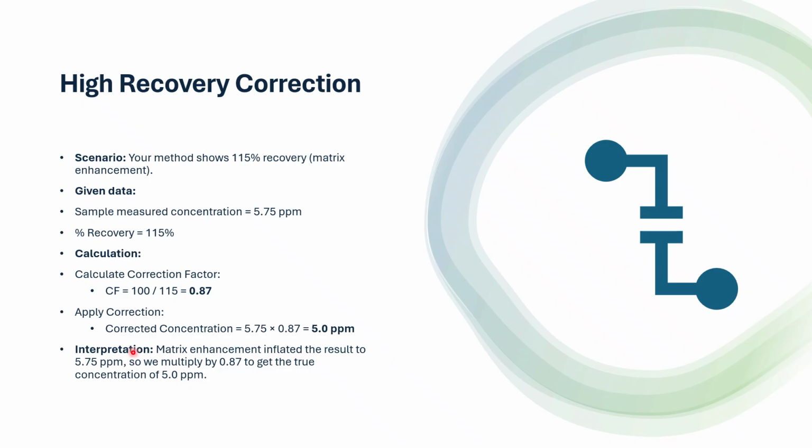So when you multiply the obtained concentration, that is 5.75, with your correction factor, that is 0.87, you get the actual value of your analyte in the sample, that is 5 ppm. So matrix enhancement inflated the result to 5.75 ppm. So we multiply the correction factor to obtain the true value.